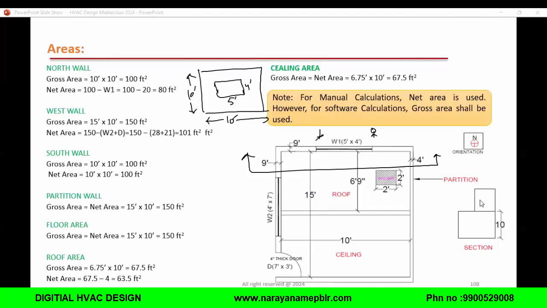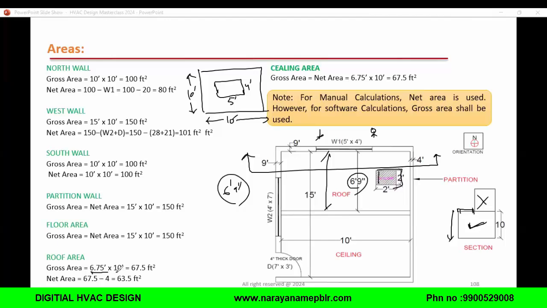Roof area. So here you see this is one room. Our project is this. We are not considering this space. We are learning for this space. So only the roof is this one. So 6 feet 9 inch is the roof area, and we have a skylight in that. And the height will be 10, right?